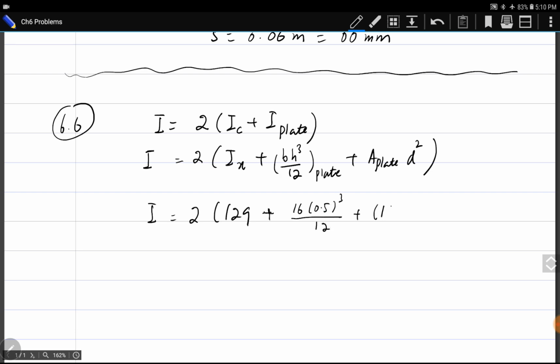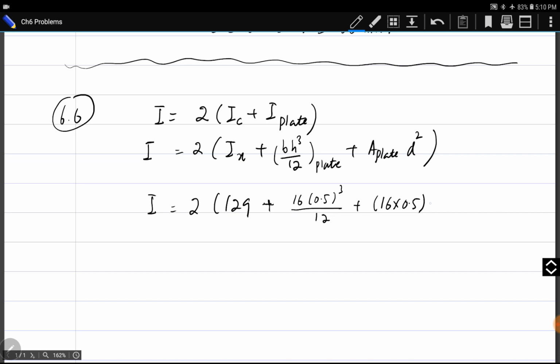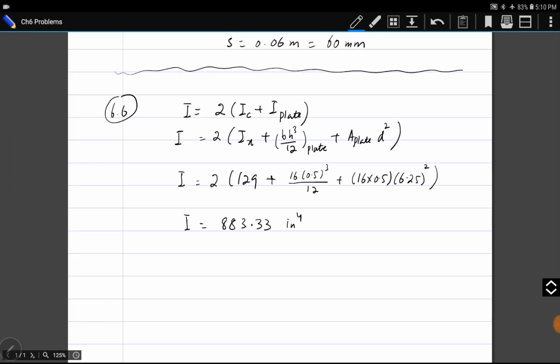Area of the plate is 16 into 0.5. 16 is width and 0.5 is height. And D is 6.25. So by simplifying this, I becomes 883.33 inch power 4.